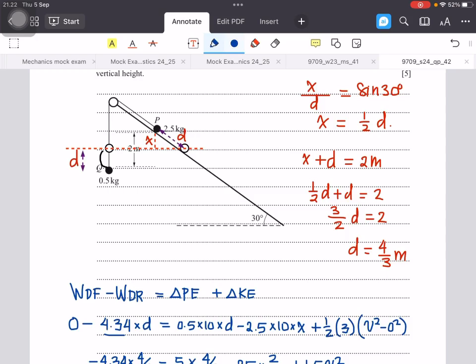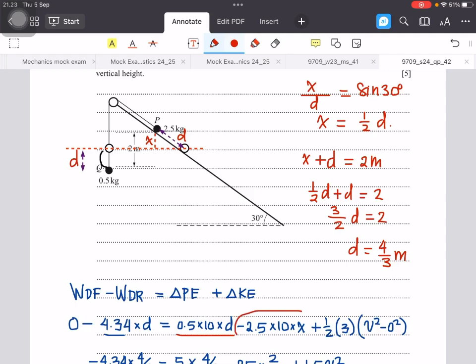And then for the change in potential energy, we have two objects, P and Q. For object Q, since it moves up, then it gains some potential energy. So the potential energy gained by object Q is the mass of Q times gravity times d, because object Q moves d meters upward.